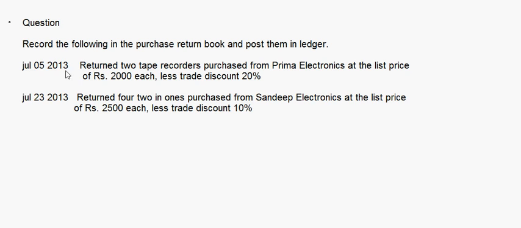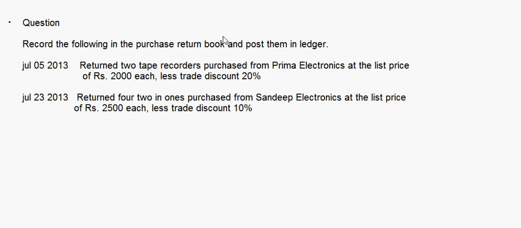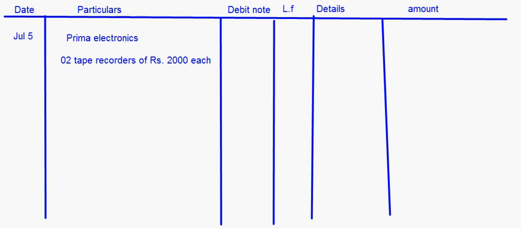and what were returned to them? Two tape recorders of rupees 2000 each, right? So here you will have two tape recorders at 2000 each, so that comes to 4000 rupees, right?